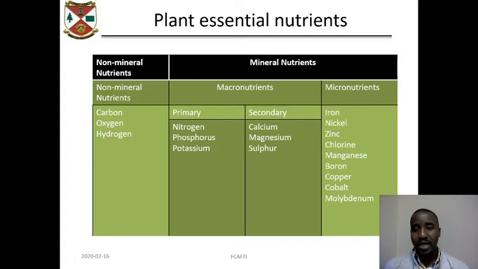Whereas mineral nutrients are the plant essential nutrients that are supplied by the soil itself. Now the non-mineral nutrients are three, and these are carbon, oxygen, and hydrogen.